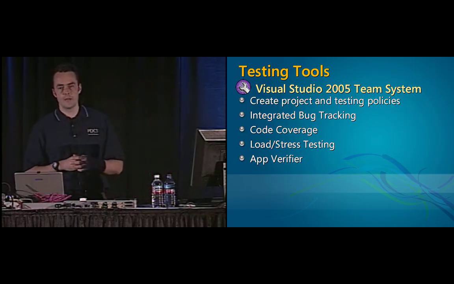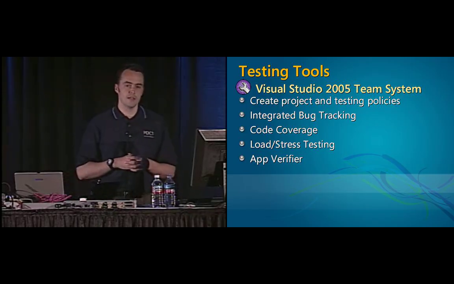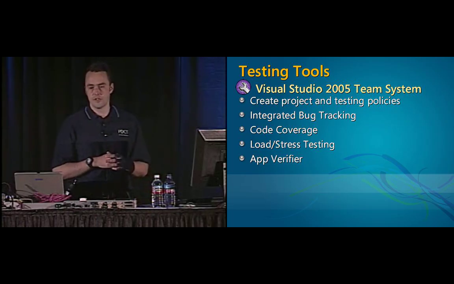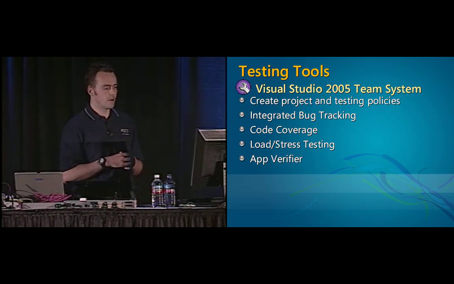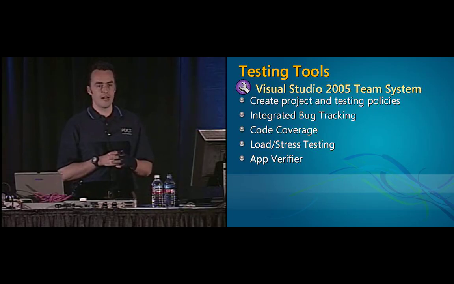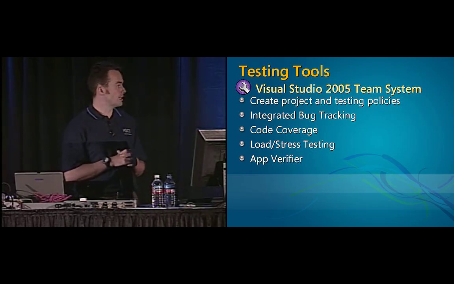From a testing perspective, I think to some extent the start of good security testing is just a really solid testing process. The Visual Studio 2005 Team Systems release actually has a whole bunch of new stuff that can help from a testing perspective.